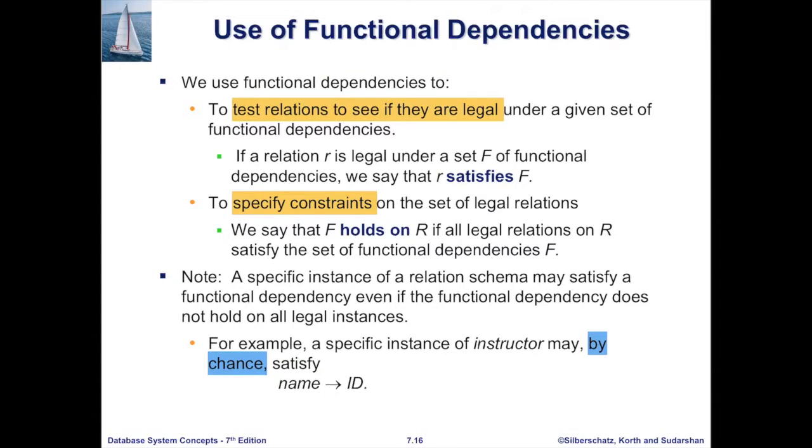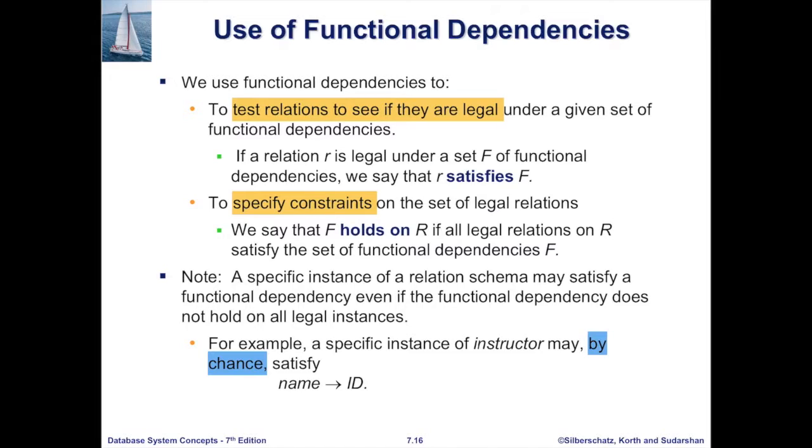So, dalawa lang yung primary purpose ng functional dependencies. The first one is to test relations to see if they are legal under a given set of functional dependencies. So, given an F, which is basically some relationship of the attributes, and a set of schema or design ng database, we can use the functional dependencies as a formalization of the constraints that we wanted to enforce, tama?